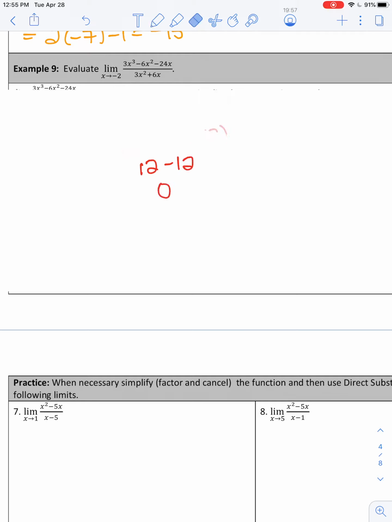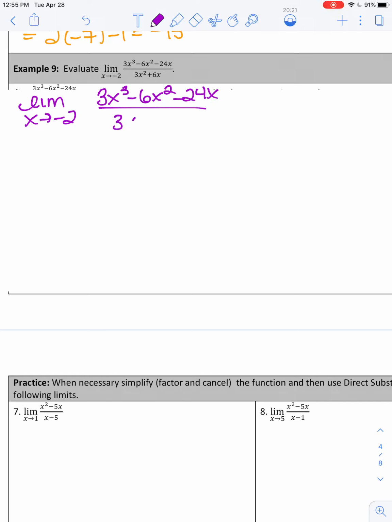So we do have that division by 0, which is telling us that direct substitution is not going to be possible quite yet. So again, we need to look at how we can factor, in this case, the numerator and denominator, to get towards something that would support direct substitution.